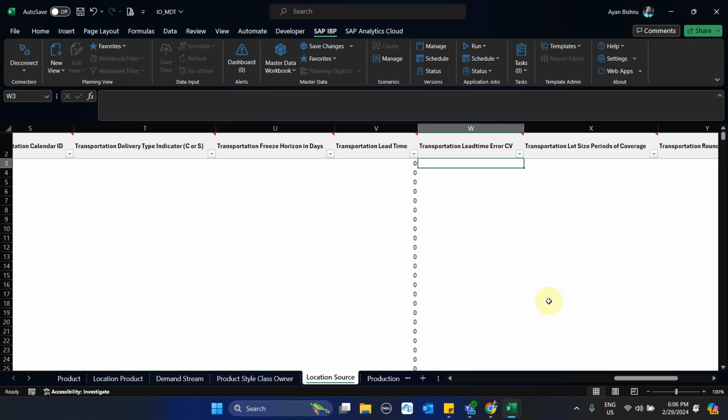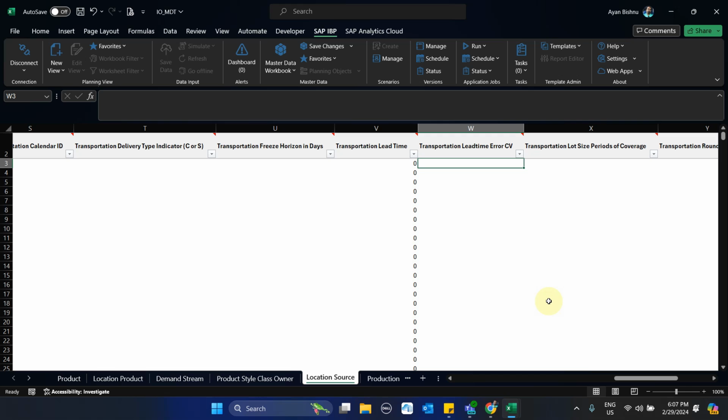Based on these three variabilities, the system takes them into account and, based on whatever demand I have, generates the safety stock or the safety days of supply that we should maintain for a particular location product at a particular bucket, in order to ensure that I am never in a stock-out situation if some unforeseen changes happen. Unforeseen changes means an increase in demand or a delay in my supply line in terms of lead time or replenishment of goods.